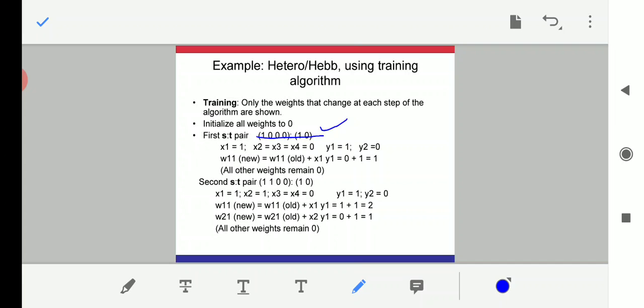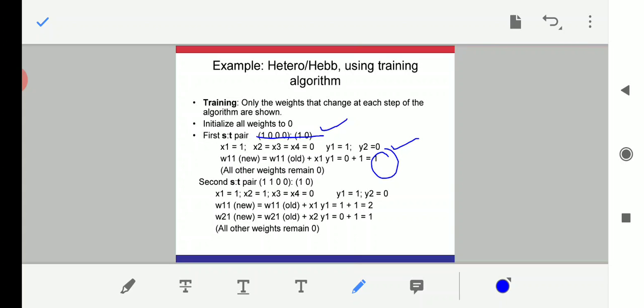So our x1 is 1, x2, x3 and x4 are 0. y1 is 1 and y2 is 0. তাহলে আমাদের w11 টা কি হবে? w11 new is w11 old plus x1 y1. w11 old এই মুহূর্তে 0 কেননা we do not have any previous w11, এটাকে কোনো w11 ক্যালকুলেট করা হয়নি। And x1 y1, so x1 is 1 and y1 is 1, so w11 new is 1. Clear?